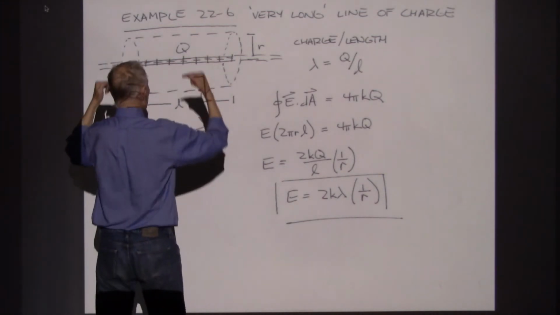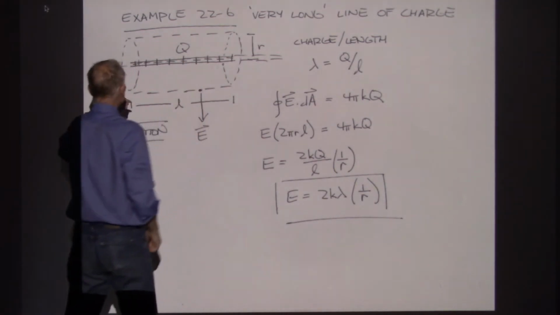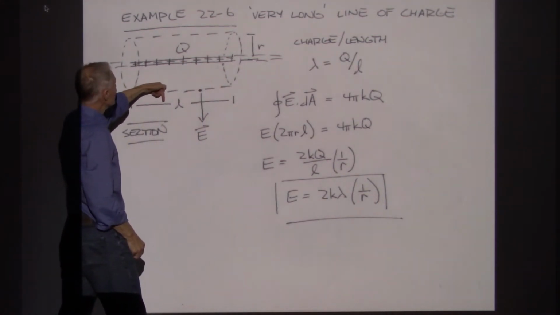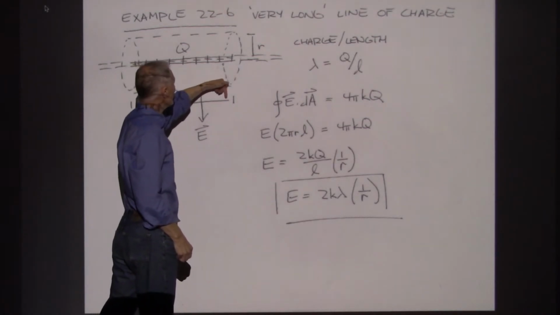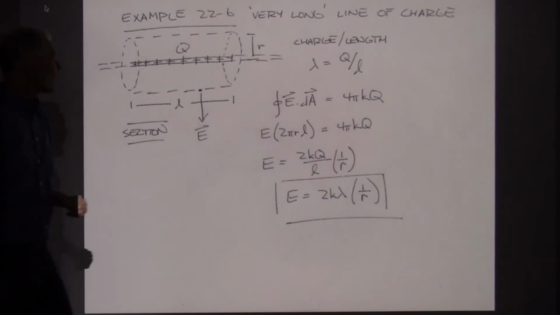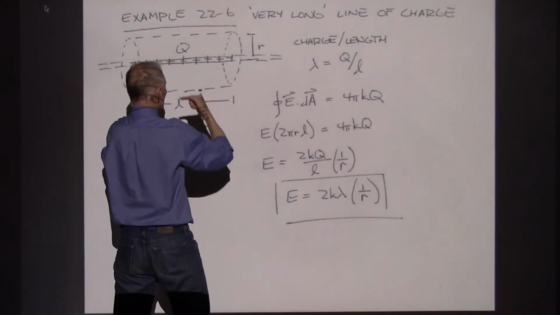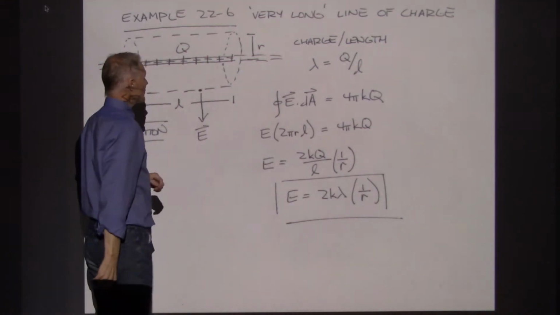I've got this Gaussian surface. It's cylindrical in shape, but the only place I'm getting flux is along the curved portion. I'm not getting it out the ends. So when I do the area, I'm going to do the surface area of the curved portion of a cylinder.